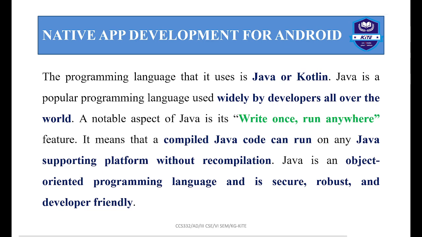Compiled Java code can run on any Java-supporting platform without recompilation. It is an object-oriented programming language which is more secure, robust, and developer friendly. So once it is developed for an application, it could run on any other device, and this is said to be interoperability.